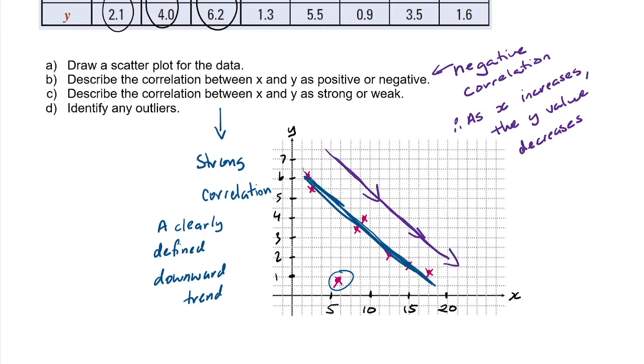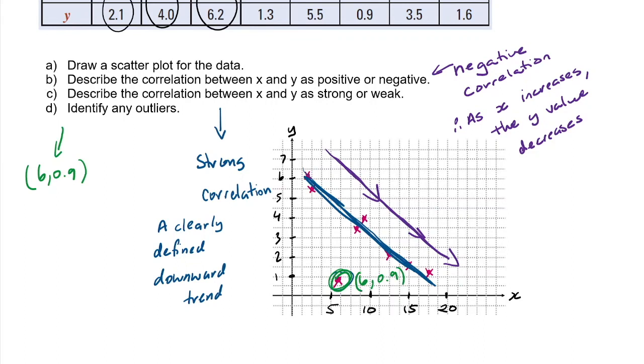Now that last one there, the outlier, well, that's our little beauty down here. That is our 6 and 0.9 coordinate. That is our outlier.